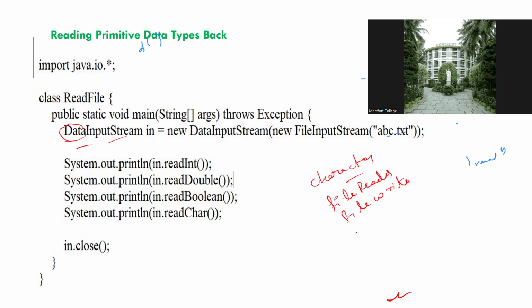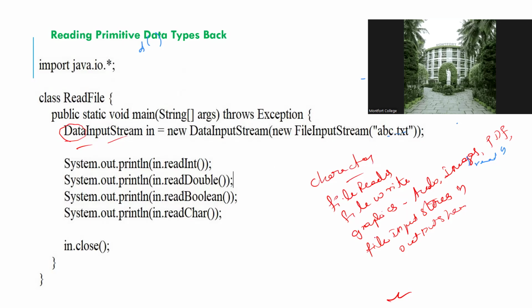If you are dealing with graphics files like audio files, images, any PDF document, then we have to take the help of file input stream and file output stream.